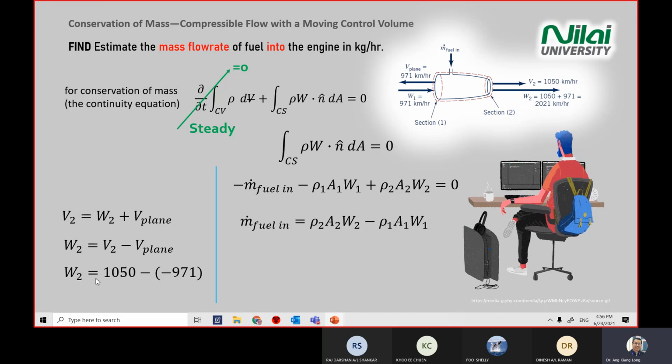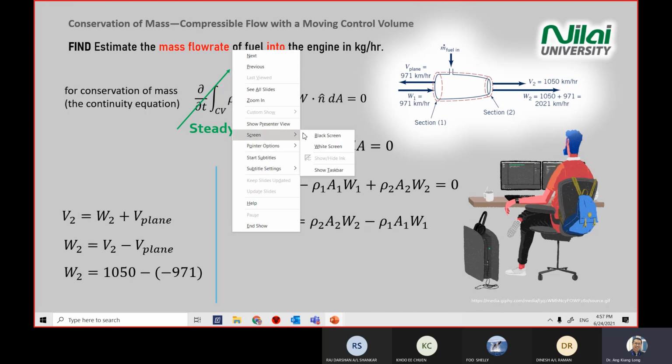V2 is given in the question. V2 is 1050. Your plane here is 971. Your vehicle, your aircraft, is moving at 971.